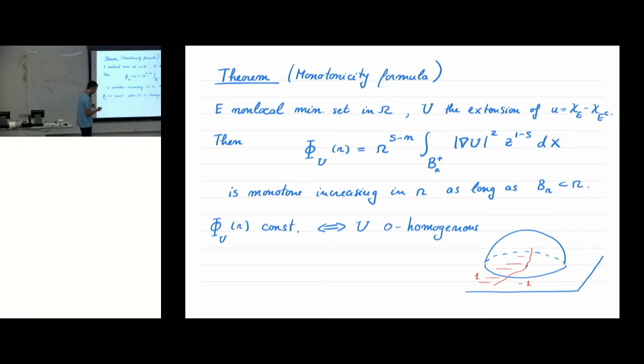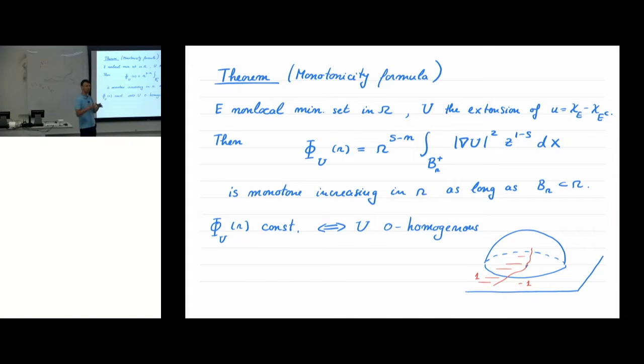The important part of the monotonicity formula is this characterization, because in the limit, if you look closer and closer, the monotonicity of this quantity tells you that you have a limit when you zoom in, and in the limit this quantity has to remain constant, and therefore the limit has to be zero homogeneous.